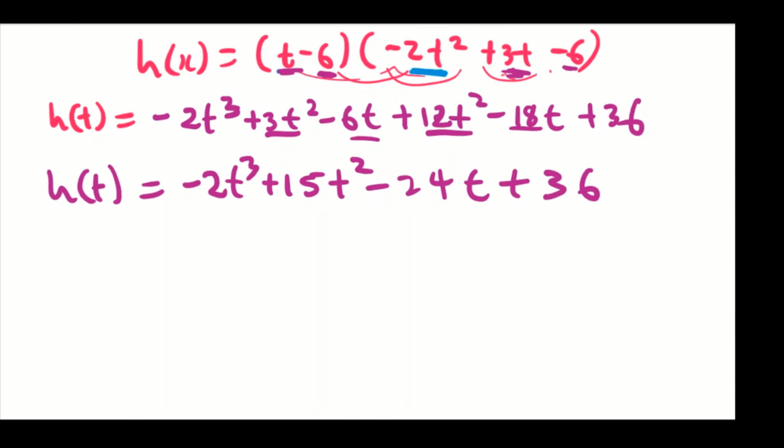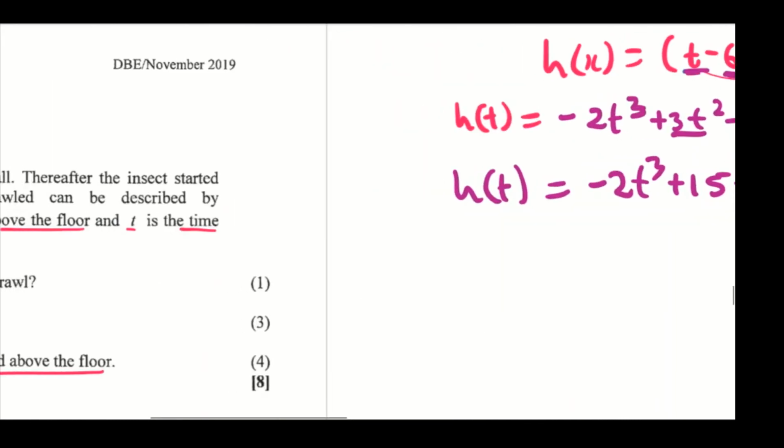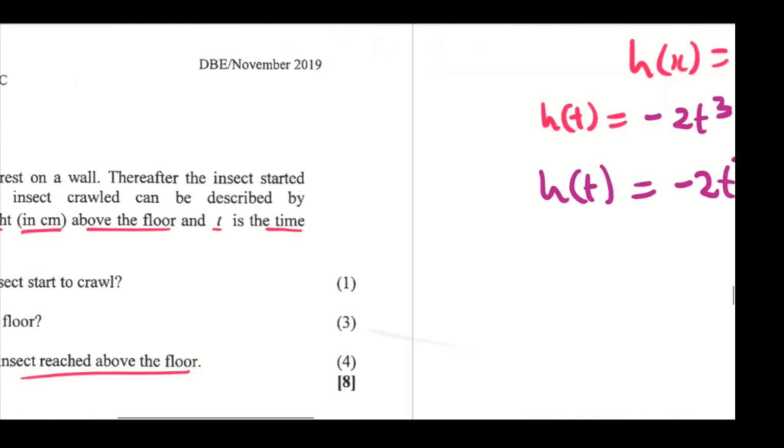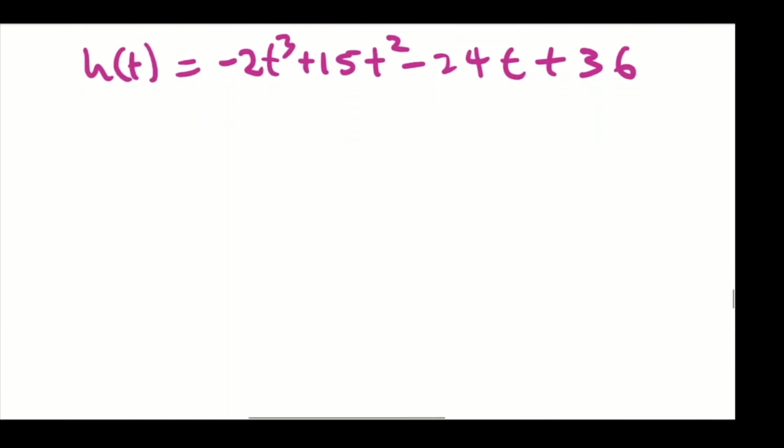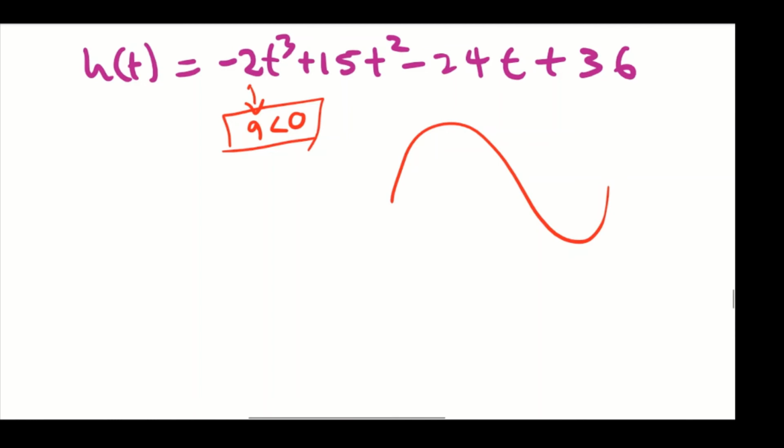Now we need to identify the maximum height above the floor. For you to understand what's happening, think of it in a graph format. This is a cubic function with an a value less than 0, which means it's going to decrease, increase, decrease.